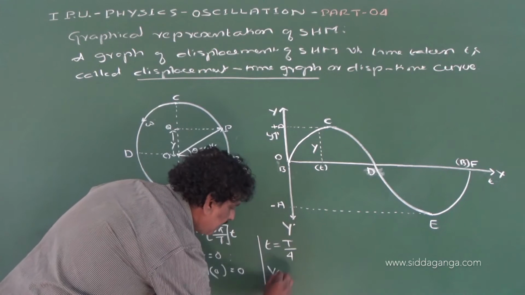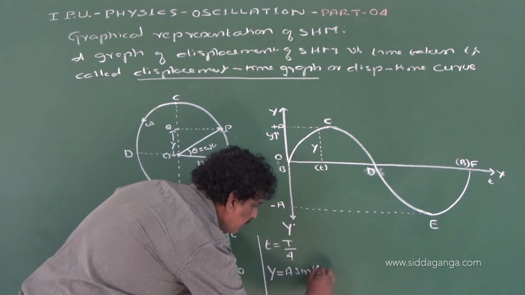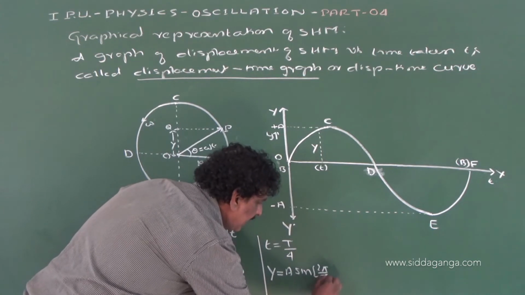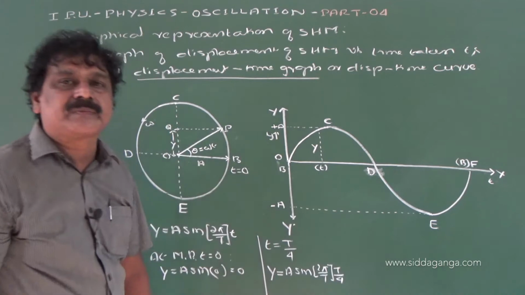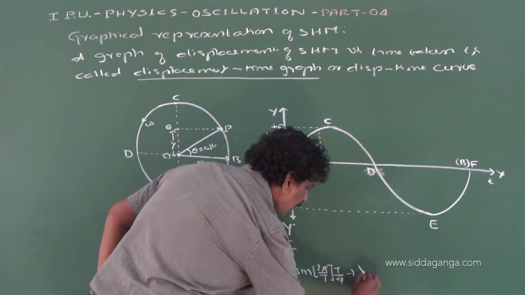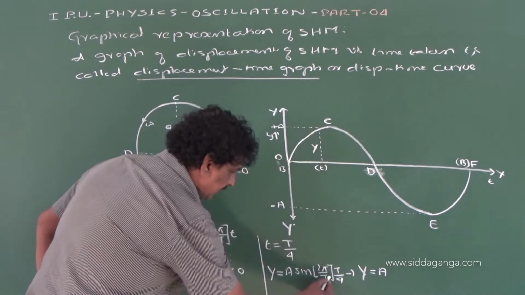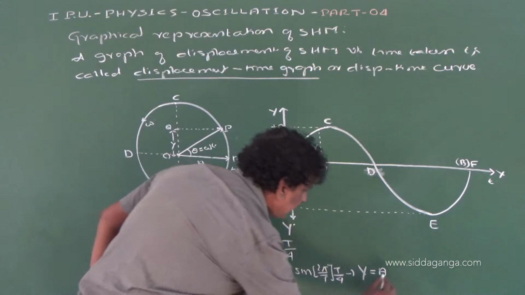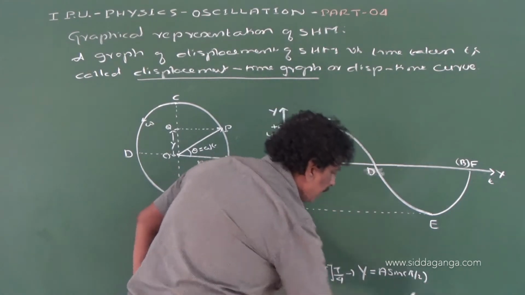Now y is equal to a sine 2 pi by T into T by 4. That implies y is equal to a, T gets cancelled, sine pi by 2.